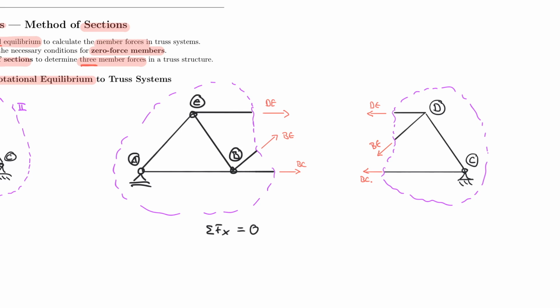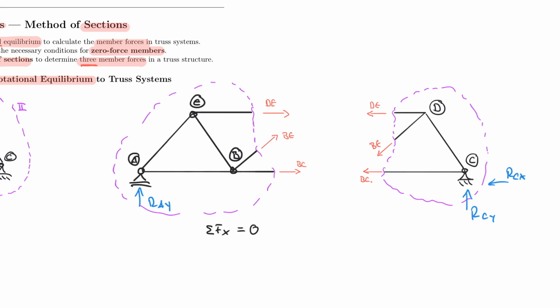But before I write that down, let me introduce the support reactions as well: RAY, and here we of course have RCY and RCX. How to calculate those is not part of this lecture, but now I have all my external and internal forces, and I'm going back to this equation.